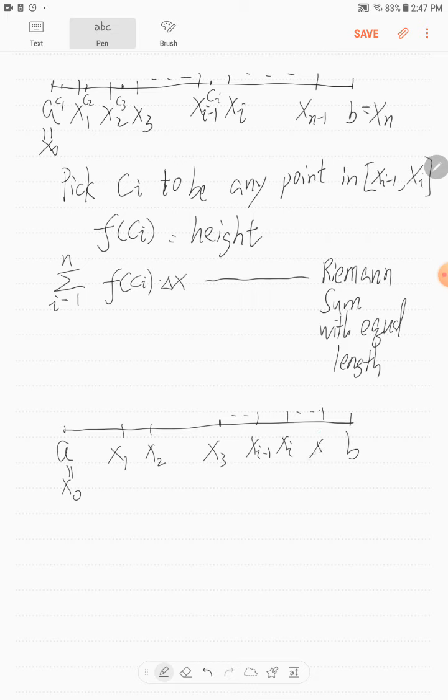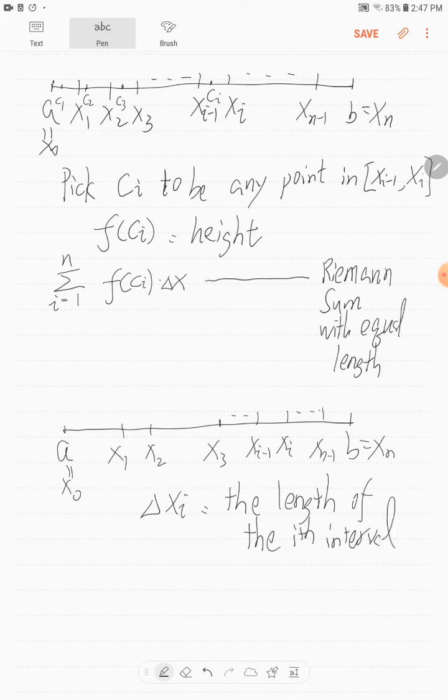This is xn minus 1, this is xn. So the length of the ith interval is denoted by delta x sub i.